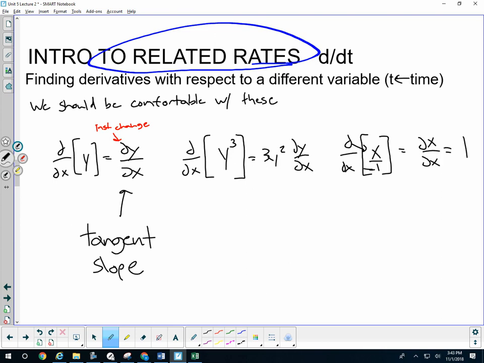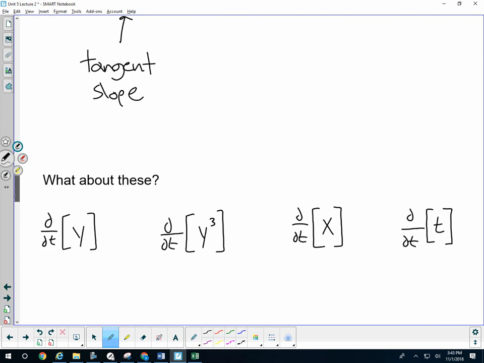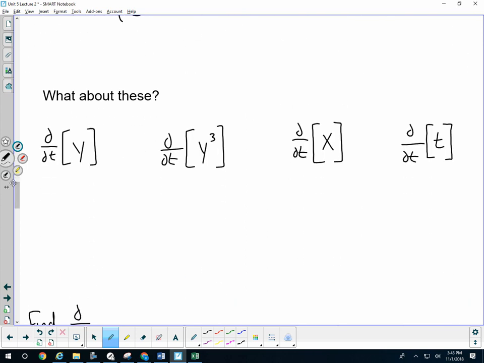We are going to now take derivatives with respect to a different variable, t. T standing for time. Now, if I take the derivative of y and I have dt down here, let's look at that notation again. The d would go with the y, the dt would go with 1.